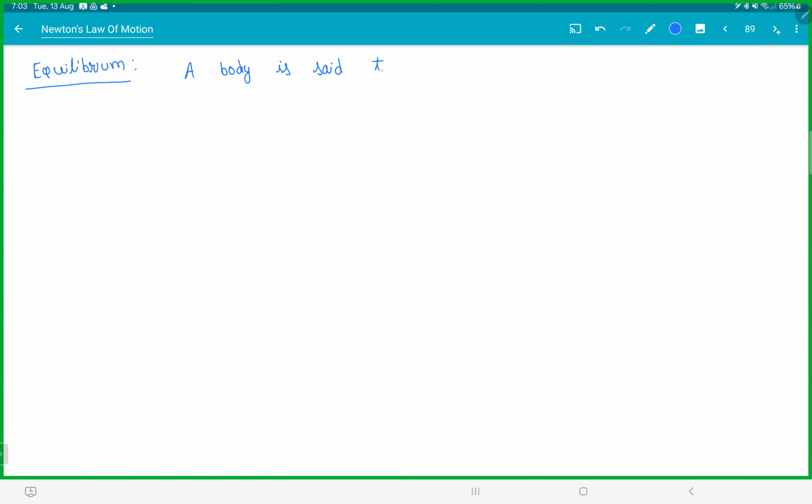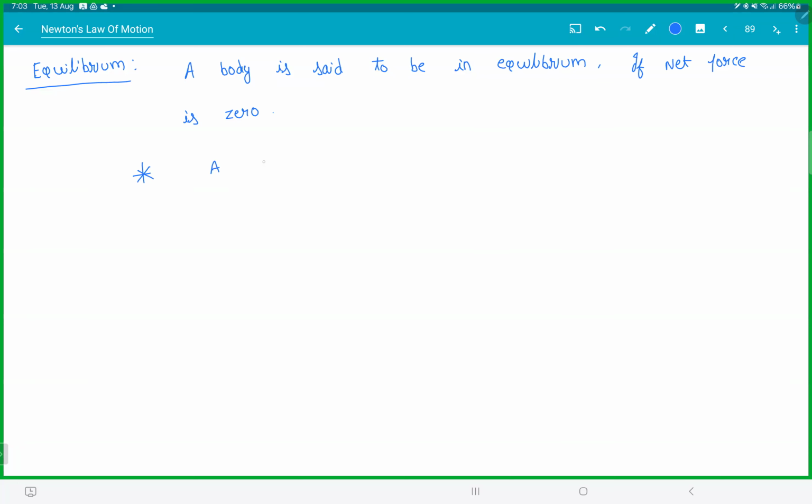A body is said to be in equilibrium if net force is 0. Now be careful. When I say body is in equilibrium, doesn't mean it won't move.